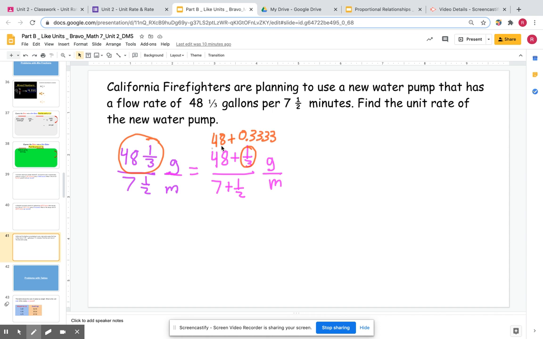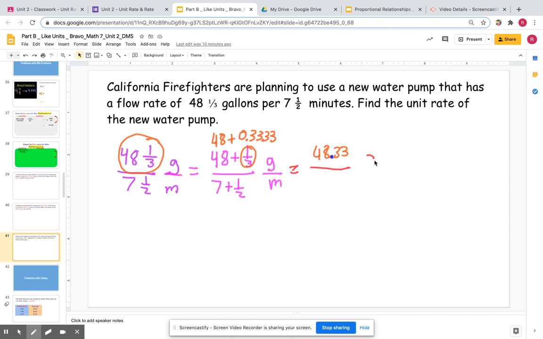At the very end, you just do 48 plus that 0.33 in your calculator, and that should equal 48.33. I may draw the dot a little bit more clearly. I'm going to use the color blue for the decimal so you can see the decimal. Okay, so that's your numerator. We just took care of the numerator, and that was equal to that.